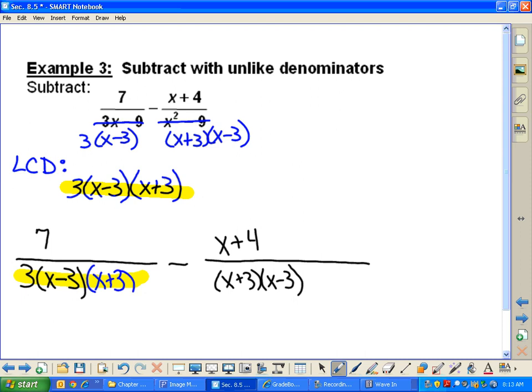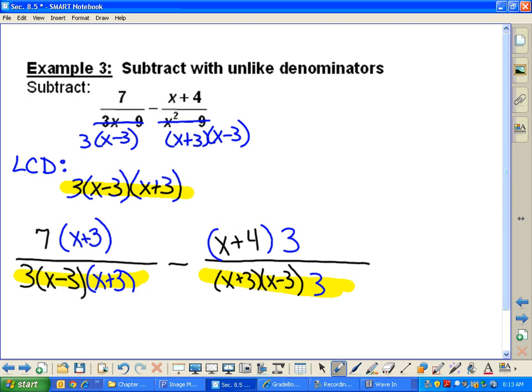What I do to the bottom of a fraction, I also have to do to the top. So I have to insert that factor of x plus 3 on the top as well. What's missing in my second denominator to get them to match? Yeah, a factor of 3. And you know that we're going to eventually distribute, so you could always put that in parentheses and insert your factor of 3 on the top as well.